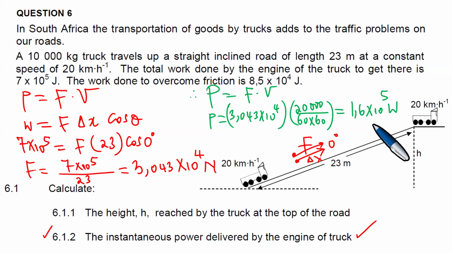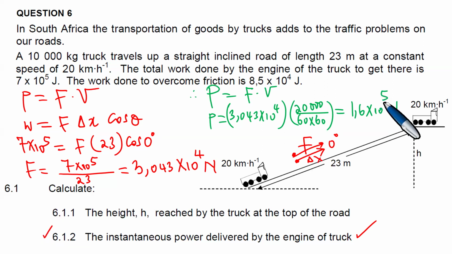I'm verifying here as well: 3.043 times 10 to the 4th, times 20,000, divided by 60 by 60, gives 1.69. Indeed we made no mistake there.